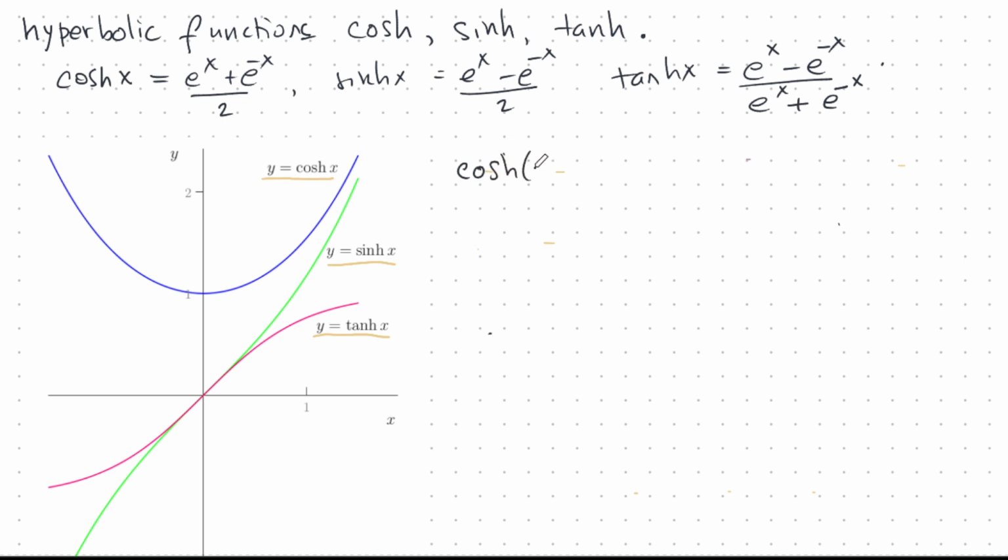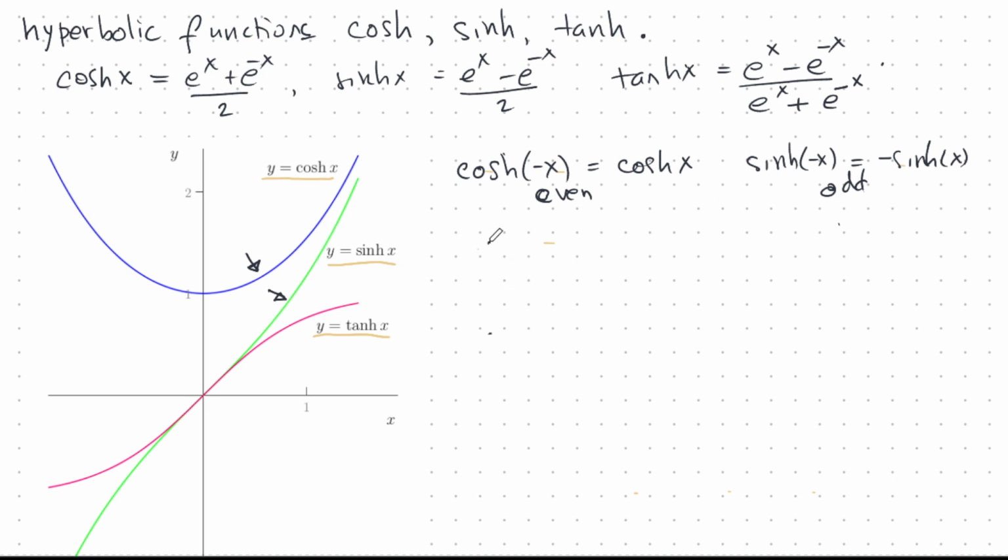Cosh of minus x is cosh x, and so cosh is an even function, and sine hyperbolic of minus x is minus sine hyperbolic of x. So sine h is an odd function, and you can see that here, that cosh is symmetrical with respect to the y-axis, but sine h is anti-symmetrical with respect to the y-axis.